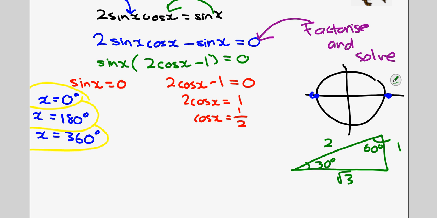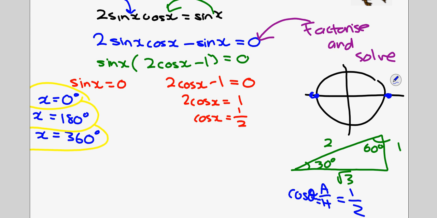Remember, cos is adjacent over hypotenuse. In this case cos theta is 1 over 2, so the adjacent must be 1 and the hypotenuse must be 2. Is it the 30 degrees or the 60 degrees?